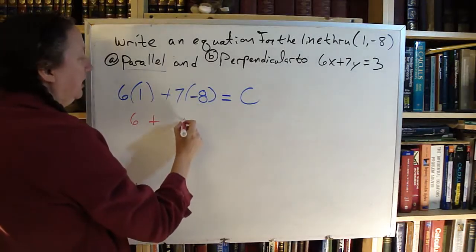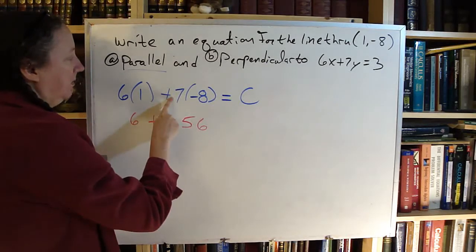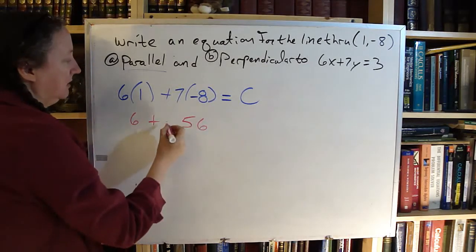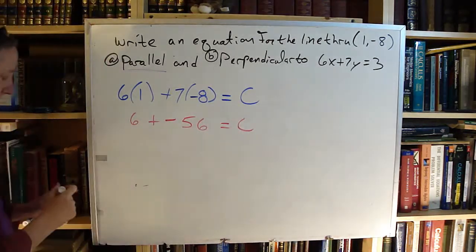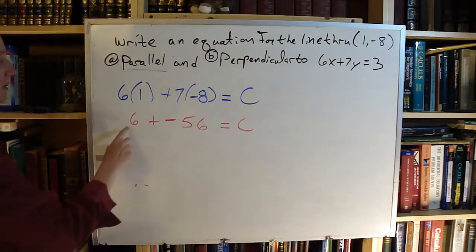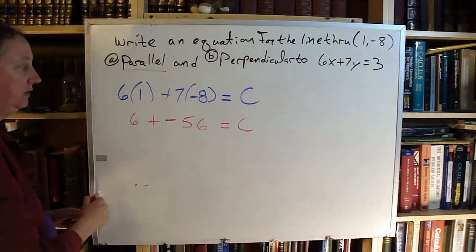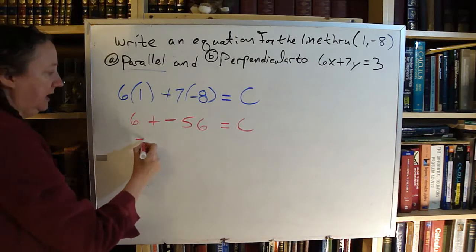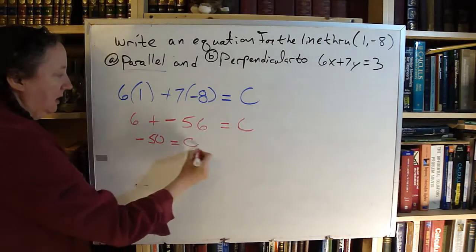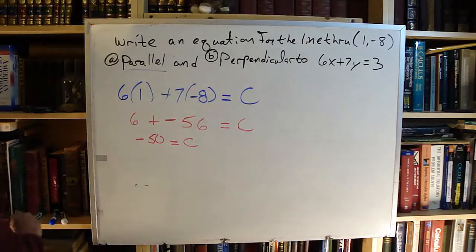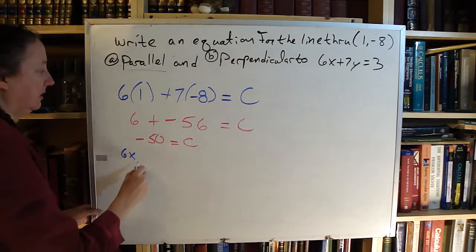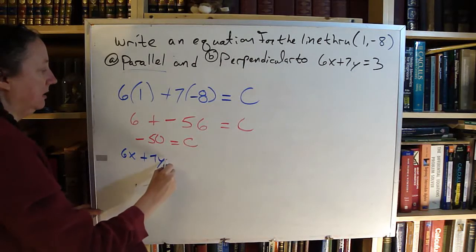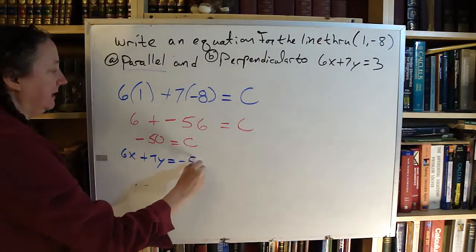Is it positive or is it negative? Positive 7, negative 8, it's going to be negative. Equals C. So 6 plus negative 56 is negative 50, and there is C. So the equation for my parallel line is 6x plus 7y equals negative 50.